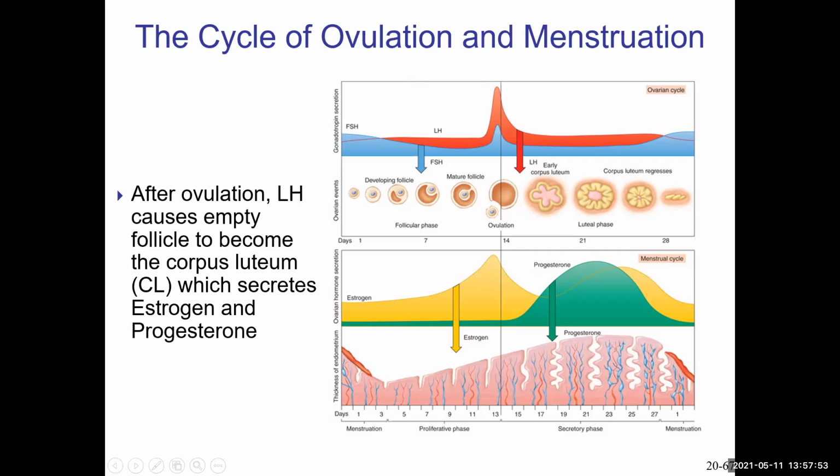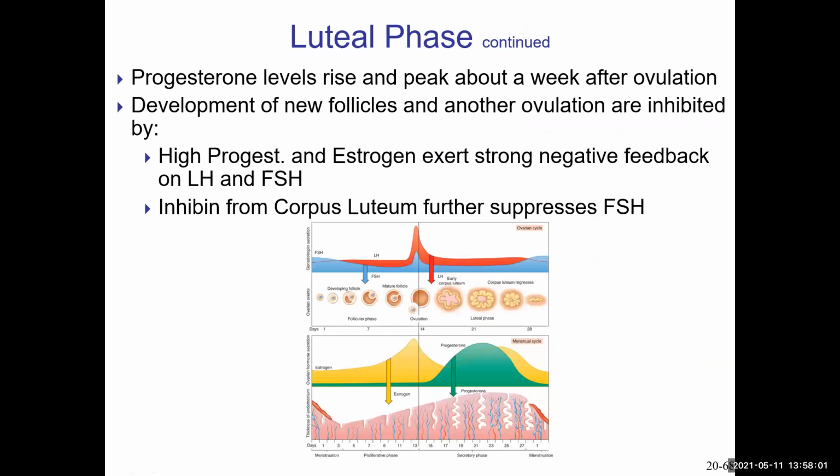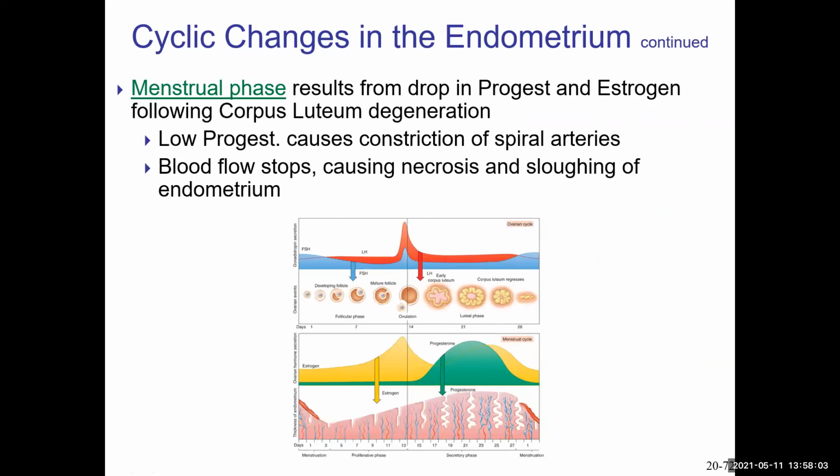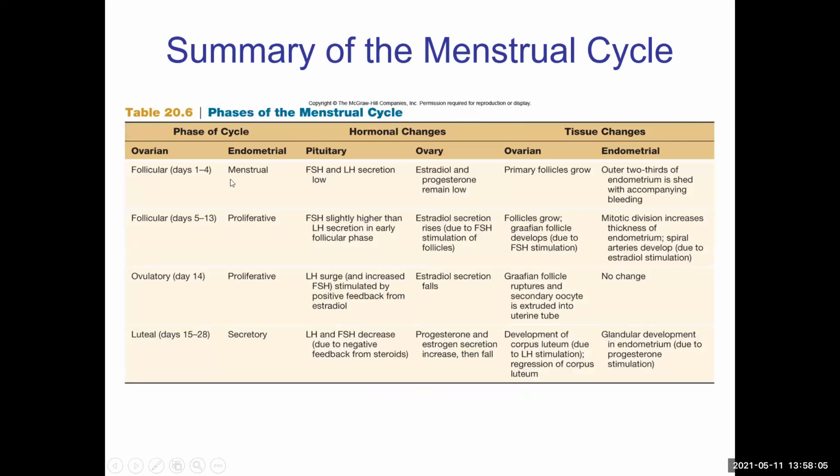That's how there is cyclical change in the ovarian and uterine cycle during the menstruation cycle. And you can see all this here in this table. Whatever I have said, everything is explained step by step.